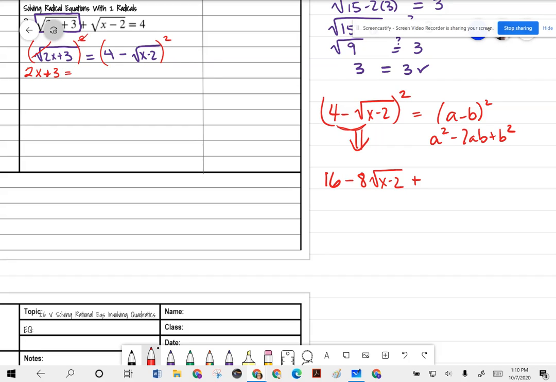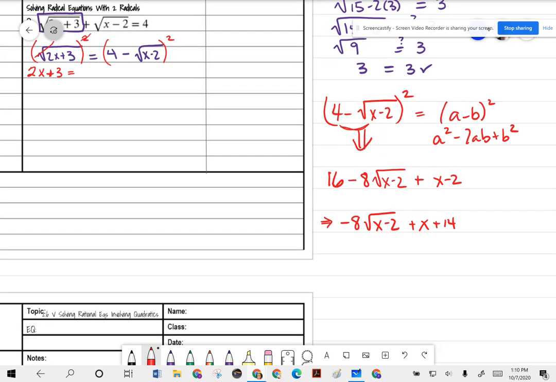And when I square that radical, it will cancel out, so I end up with whatever my radicand is. Now I just need to simplify that, and I'm going to get, let's start with negative 8 rad x minus 2 plus x plus 14.